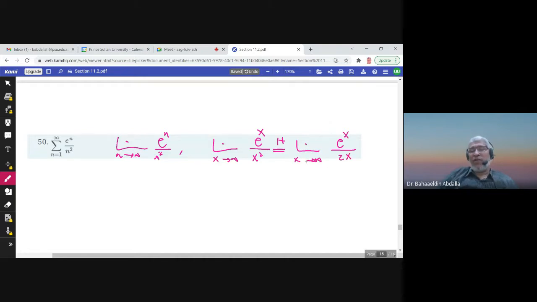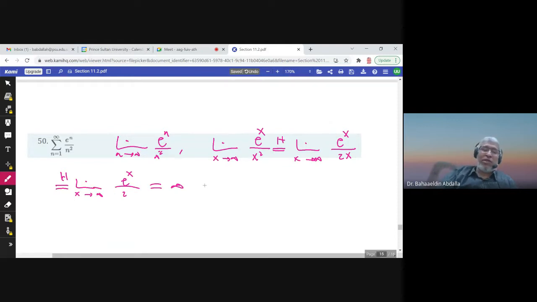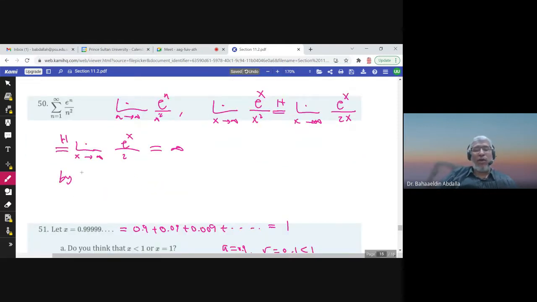If I replace x by infinity, I still have infinity over infinity. So I use L'Hopital's again. The derivative of e^x is e^x, the derivative of 2x is 2. And now if I replace x by infinity, I get infinity over 2, which is infinity. The limit does not exist, okay? It is not equal to 0. So by the test for divergence, the series is divergent, or the series diverges.